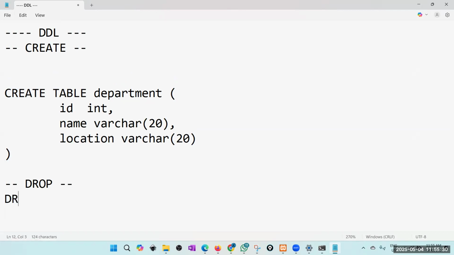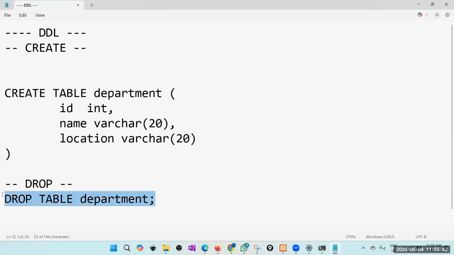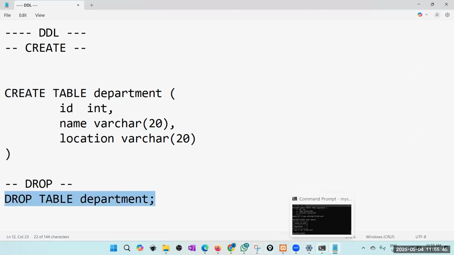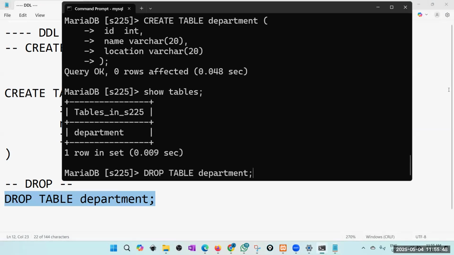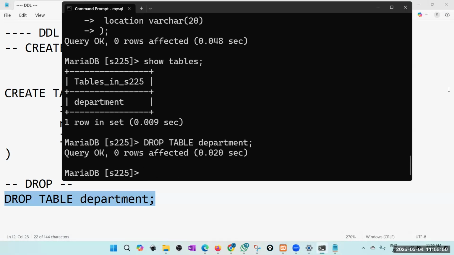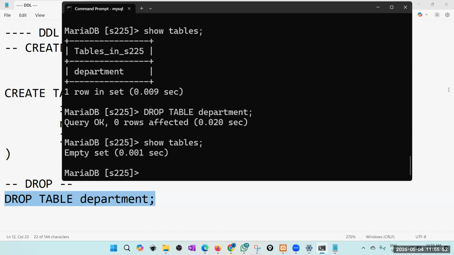It's very easy. Drop table because I'm going to drop the table and your table name. In my case, department. Very okay. Now if I type show tables, empty set.